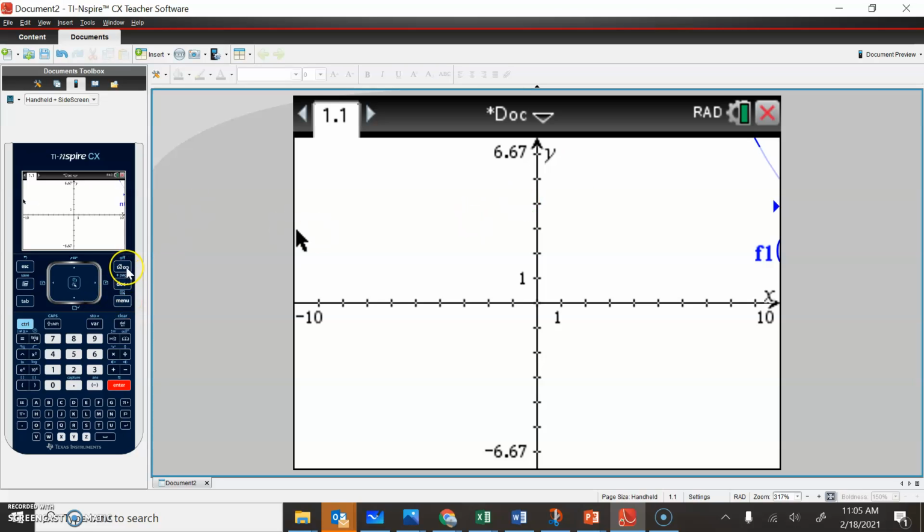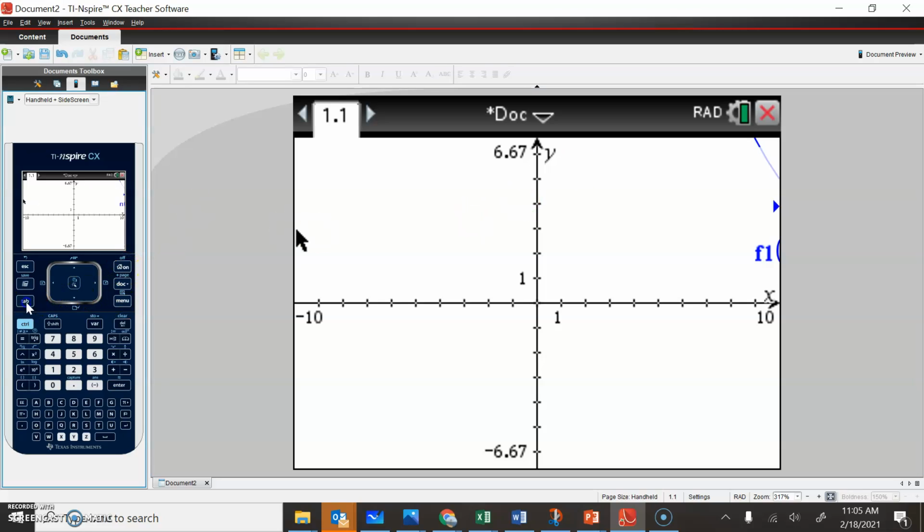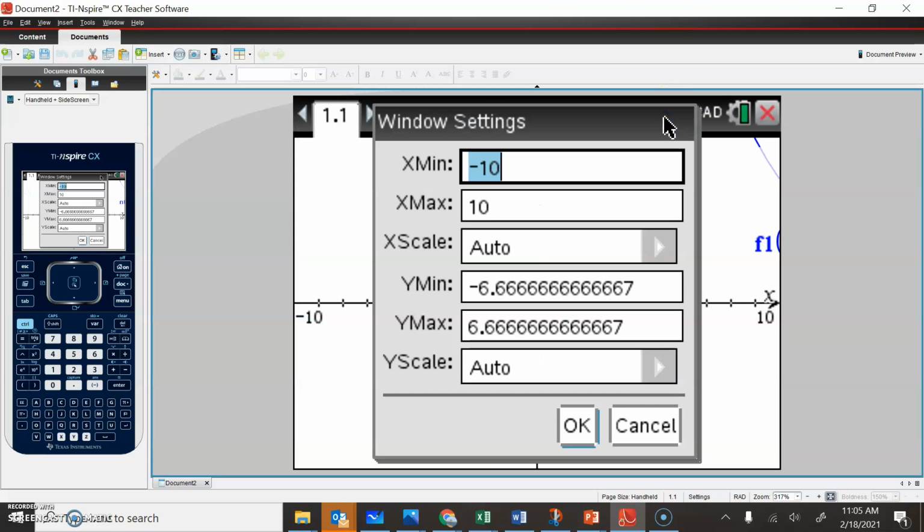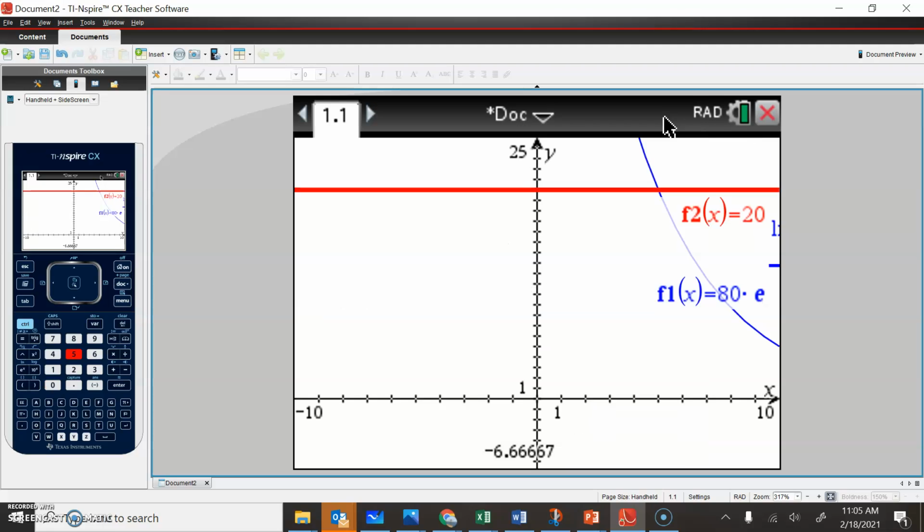We're going to have to change our window, but the other thing we want to graph is going to be 20, so we can see where they intersect. In my window settings, I'm going to make sure that my Ymax is 25 so I can make sure I can see it. Oh, and look, I can see where they intersect already.